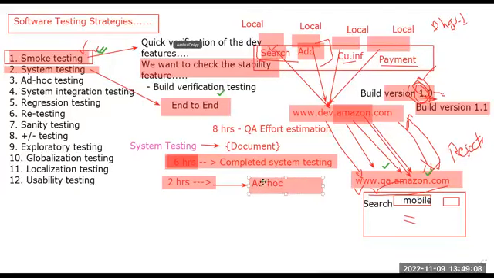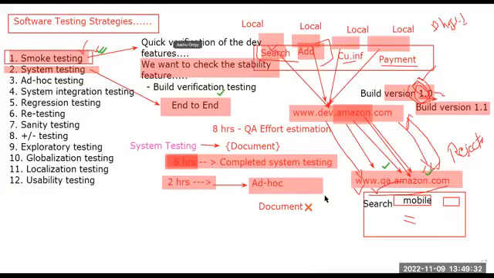To perform ad hoc testing, documents are not required. No need to follow any documents, or we can say documents are not required at all. What exactly we are doing is carrying our knowledge, whatever knowledge we have, and according to that knowledge we test our application. So that is ad hoc testing.